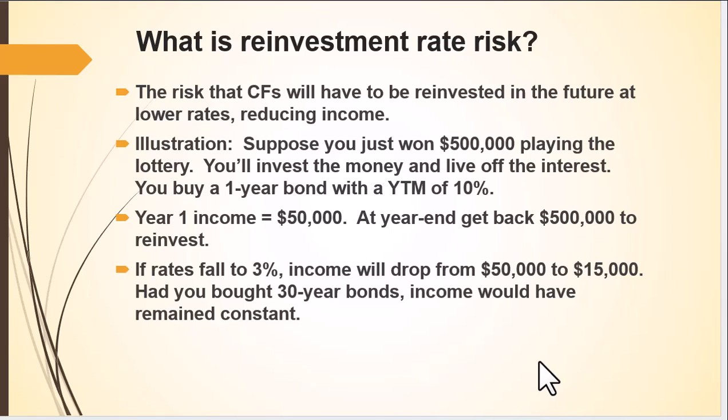That's going to drop your cash flow from $50,000 to $15,000. Now, had you bought 30-year bonds, your income would have remained constant. So this is what reinvestment risk is all about. Now, we would like to be able to manage this. It's a little bit beyond this course, but we would like to be able to manage this through some hedging activities.